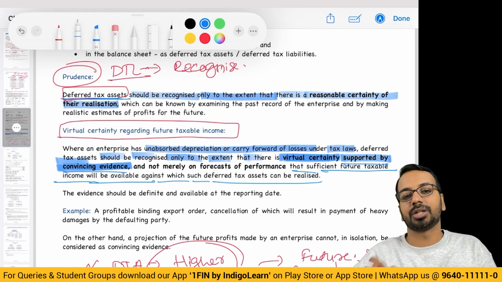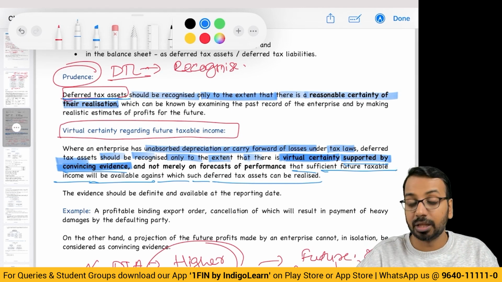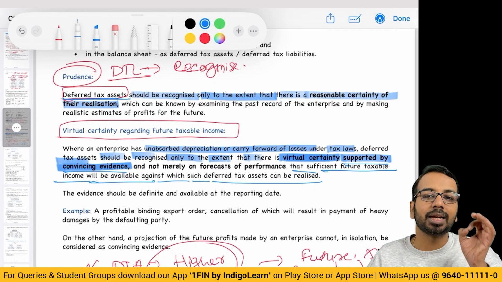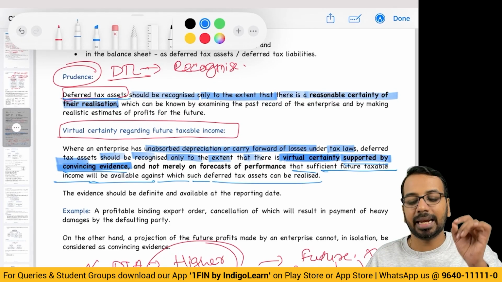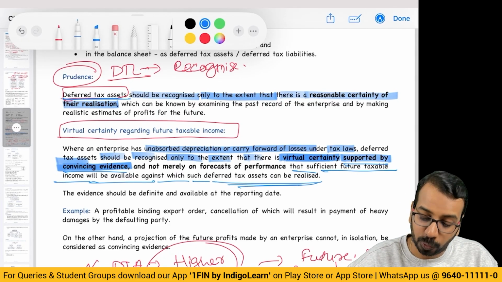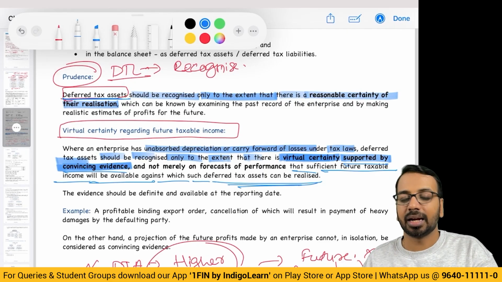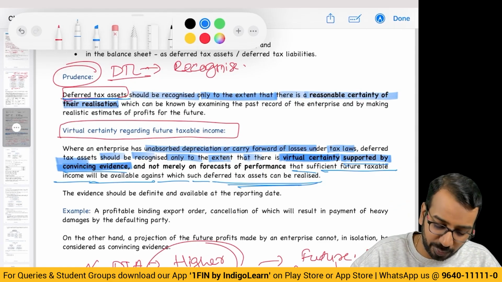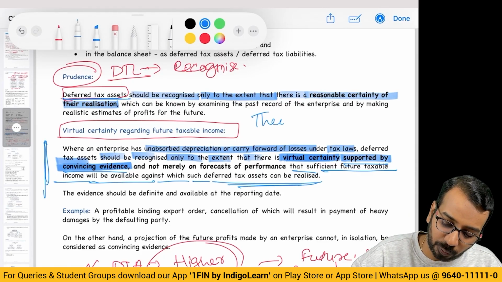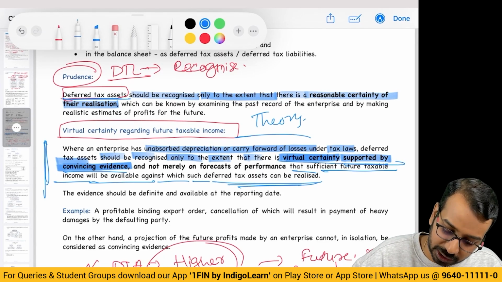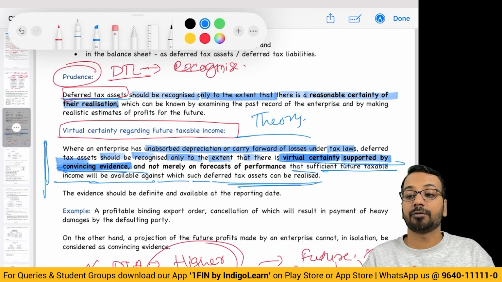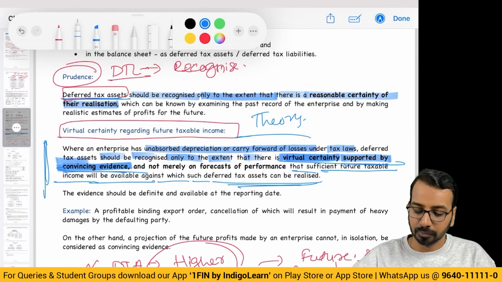Do I have convincing evidence that in the future I will make profits, and accordingly I will be able to realize the deferred tax? Only if this is satisfied can you recognize deferred tax asset. Remember this term. If there is a theory question, you have to mention this without fail. So this is something you have to remember. Okay.